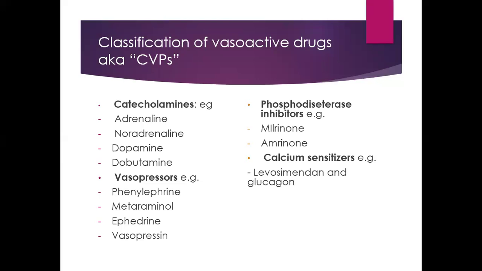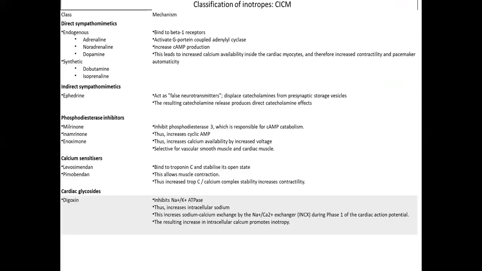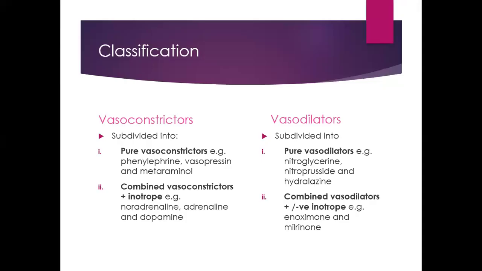Vasopressors include phenylephrine, metaraminone, ephedrine, and vasopressin. Phosphodiesterase inhibitors include milrinone, amrinone, and enoximone. And we have calcium sensitizers, levosimendan and glucagon. I don't know if you can see this, we'll just go through that.